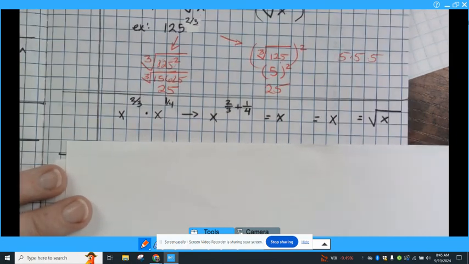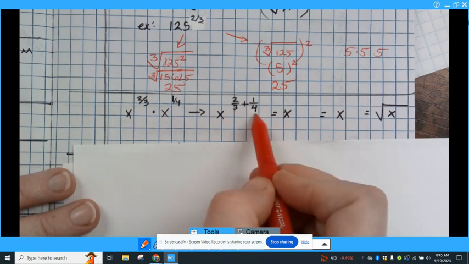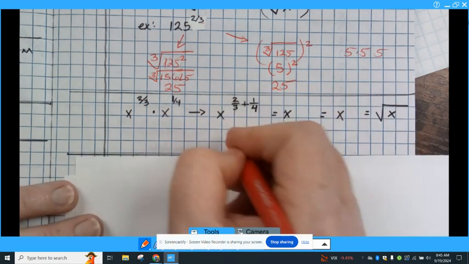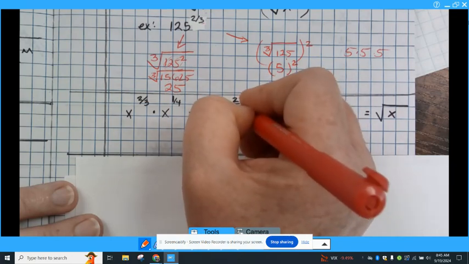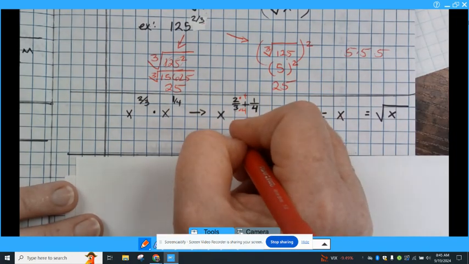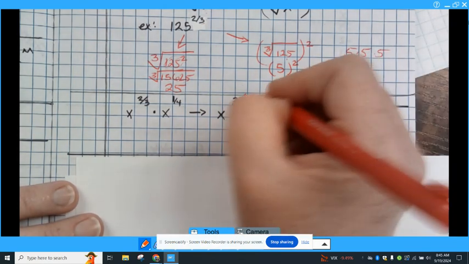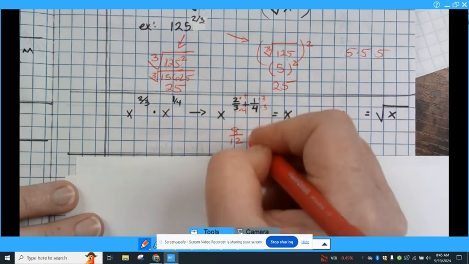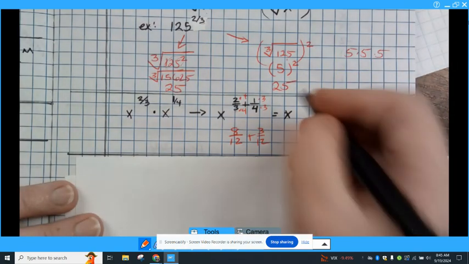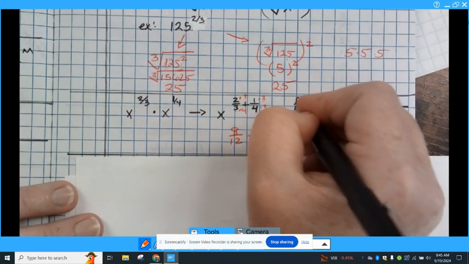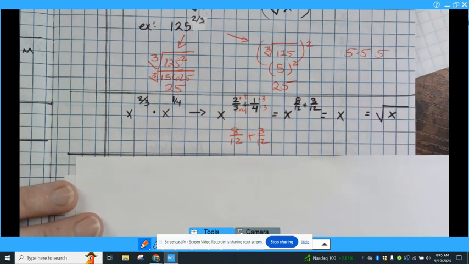I can only add fractions when they have like denominators, so my common denominator is going to be 12. 2/3 would be times 4 times 4, which gives me 8 over 12. 1/4 would be times 3 times 3, which gives me 3 over 12. So this problem has now turned to 8/12 plus 3/12, which is 8 plus 3.